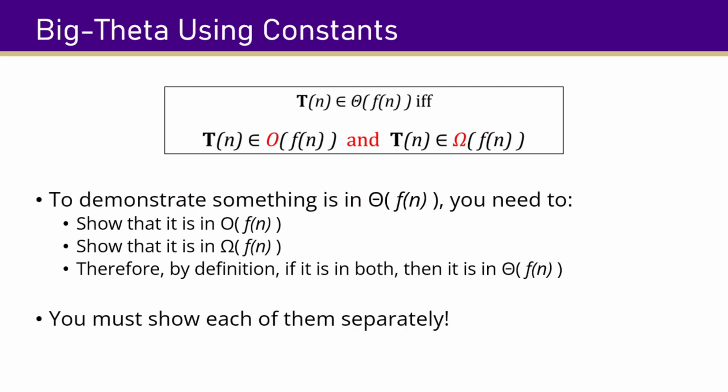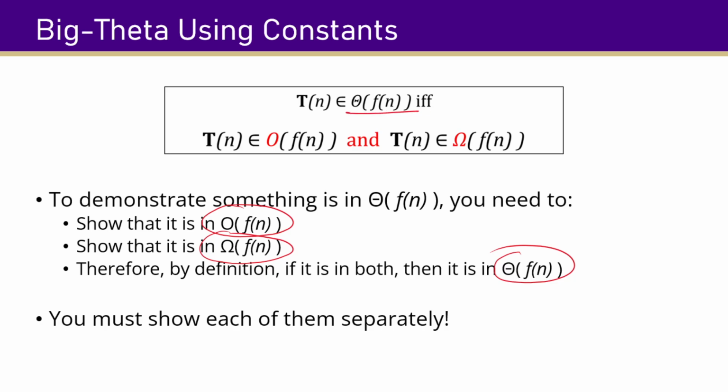So next we'll move on to big theta. So to use the constants definition of big theta, what we need to do is show that it is in big O of f of n and big omega of f of n. And that will demonstrate that it is in big theta of f of n by definition, right?